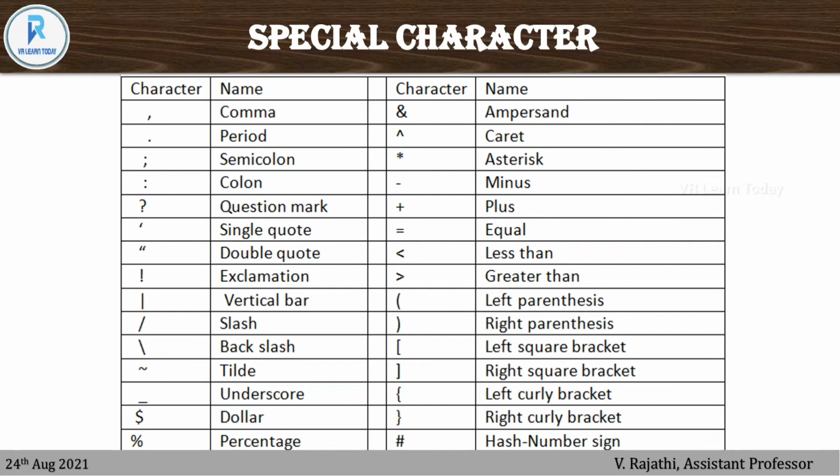Then colon, question mark, single quote, double quotes. These are some special characters available in C. Okay, ampersand is used to get the address. Star is used for multiplication, and we can also use it with a pointer variable. We will see this in detail in operators. Okay.